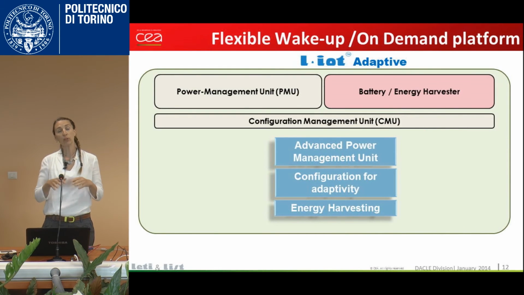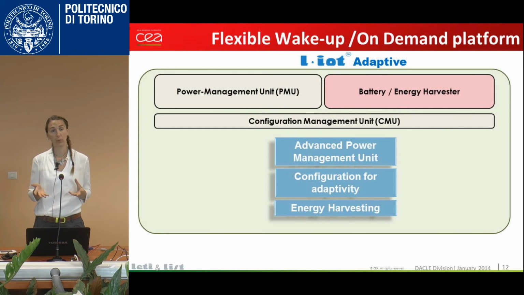Finally, if we want to integrate all this in one single chip with one platform, we need to have a global optimization of the system. This is where we will have a large gain in terms of energy if we are able to optimize the full system. For this, each block of the architecture should be able to be fully adaptive. Adaptive in terms of performance. It means that you can exchange some performances against some power, and then the block should be adaptive.